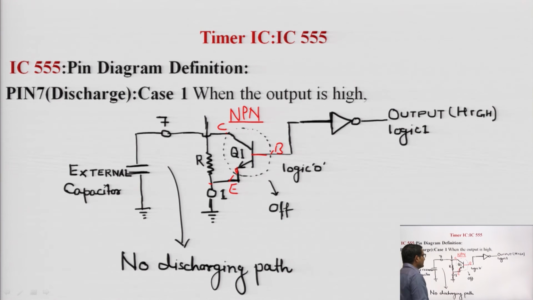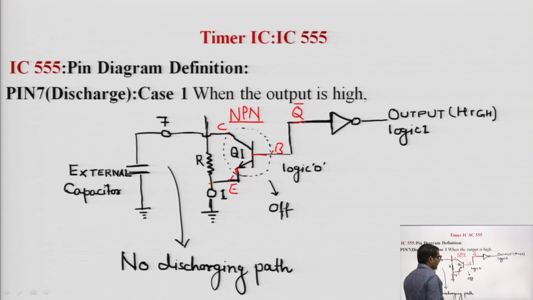Pin number 7 is connected to the collector terminal of the NPN transistor, and the base is connected to the Q bar of the RS flip flop.